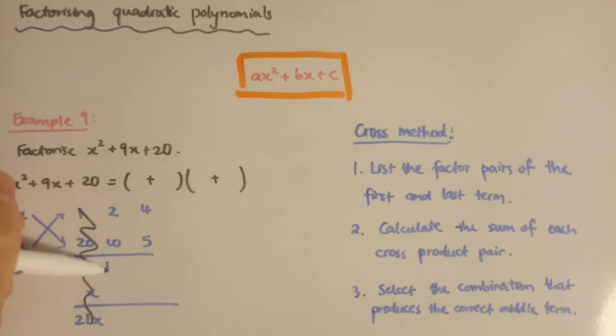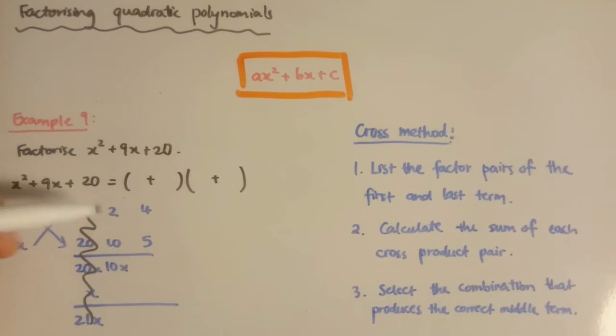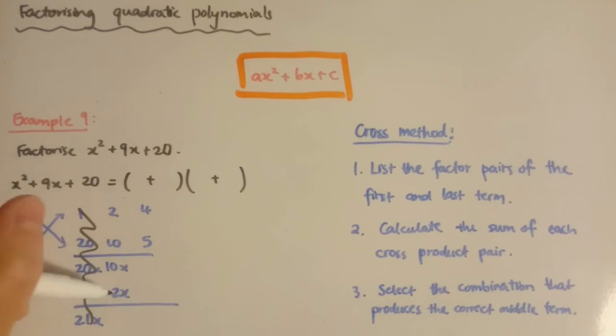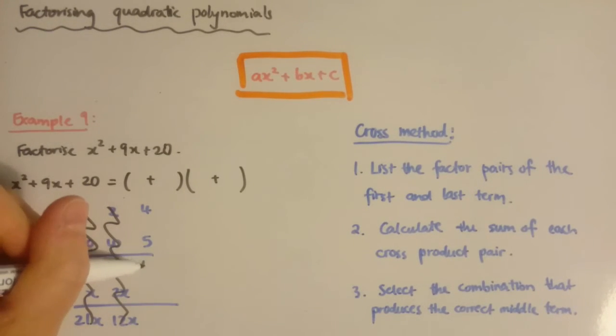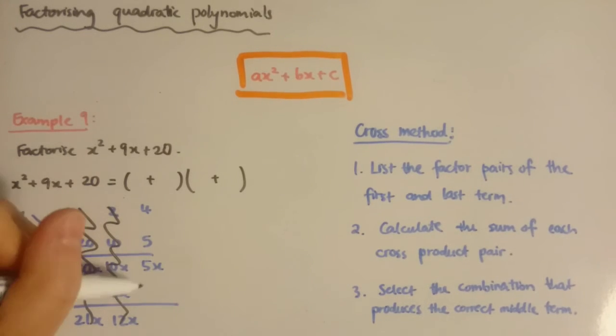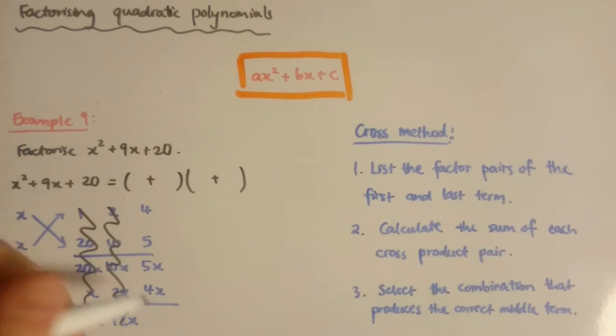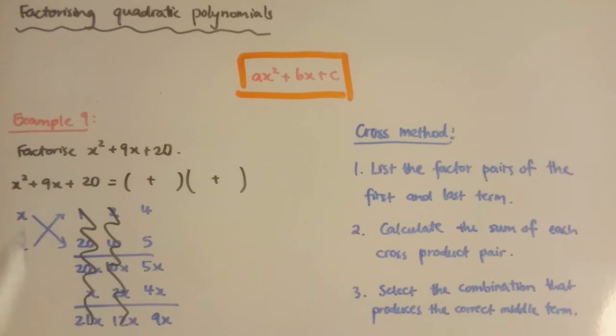X times 10 is 10x, x times 2 is 2x, add them up and we get 12x. That is still not 9x, so it's still not what we're looking for. And hopefully this last one's going to work. X times 5 is 5x, and x times 4 is 4x. If we add them up, we get 9x, and that is exactly what we want.